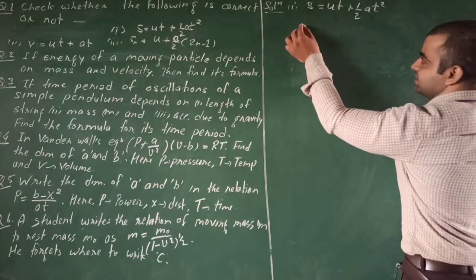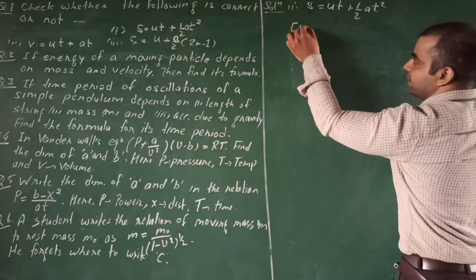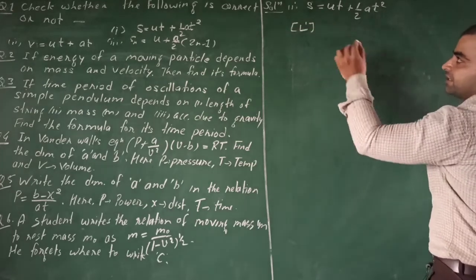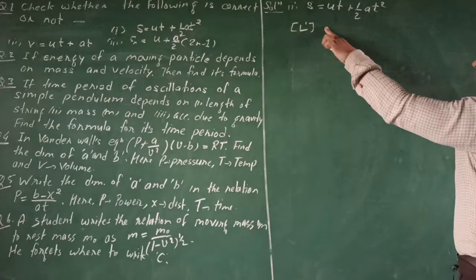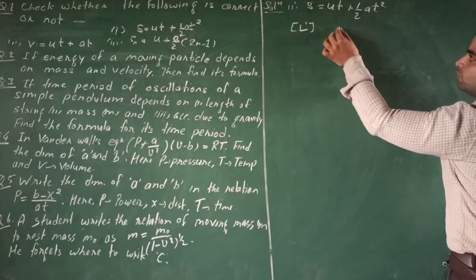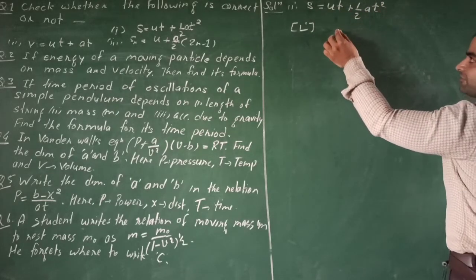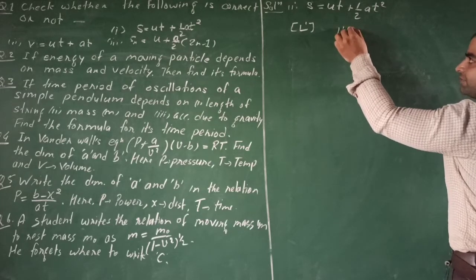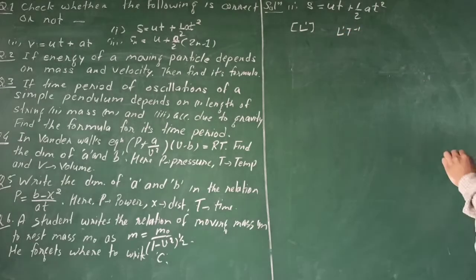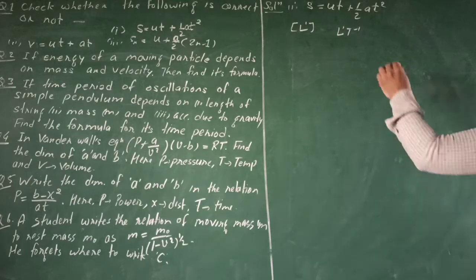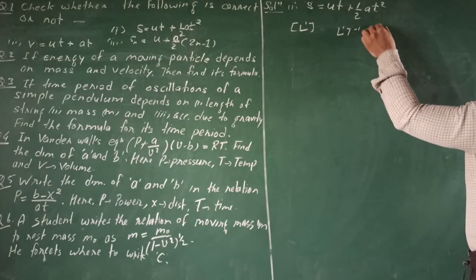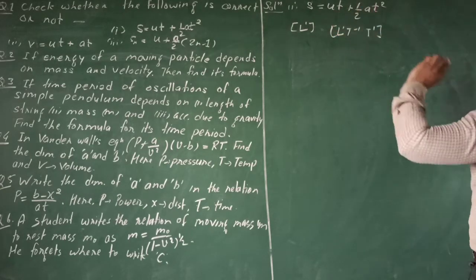For distance, dimension is L1, we have to prove this. u is the velocity, and velocity is L1 t minus 1, for time t1. This is the dimension for this term.